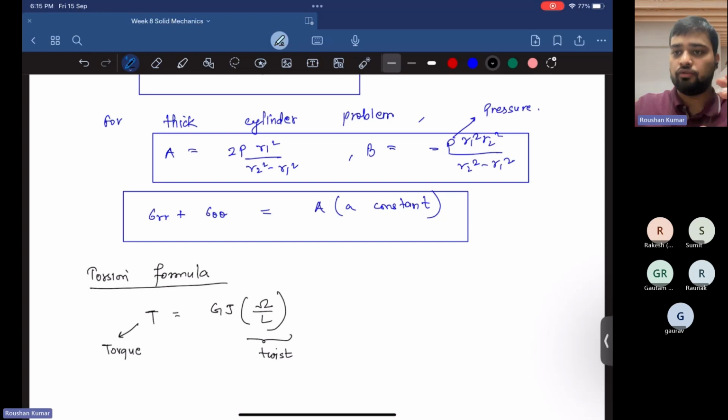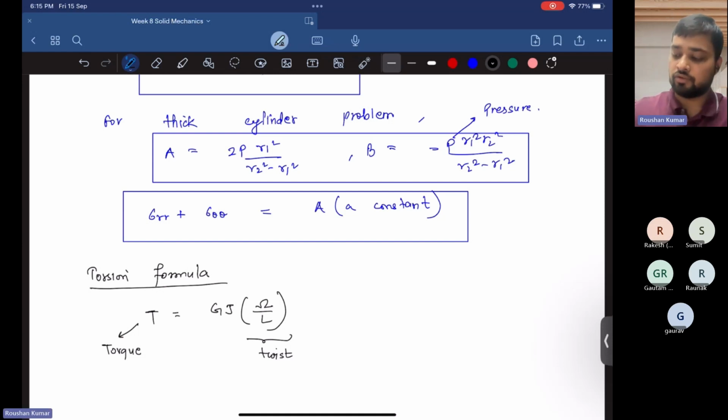If we rotate the two ends inversely, suppose the left end is rotated counterclockwise, then the right end will rotate in the clockwise direction. Then it induces some twist in the cross section. That is, there is a change in the angle of the cross section, so it actually induces torque.